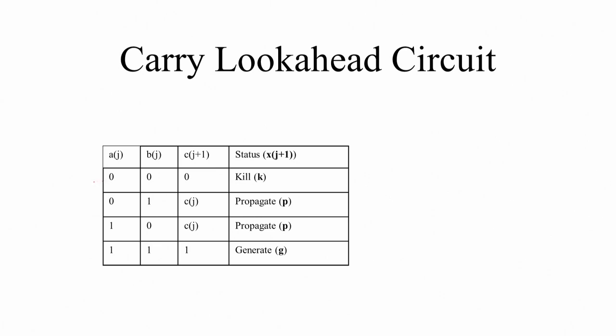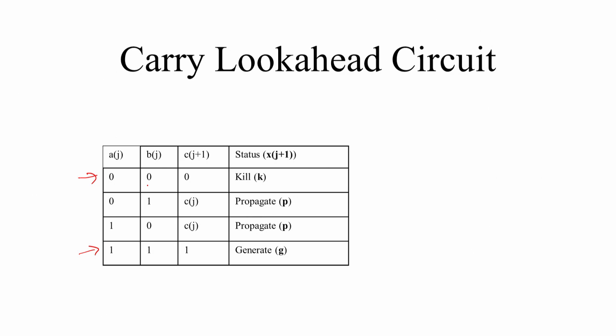If my Aj equal to Bj, then I have two cases, case 1 and case 4. When Aj is 0 and Bj is 0, then what would be the carry? It will be 0 for the next stage. So Aj and Bj come in this stage. What will be my carry for the next stage? It is 0.